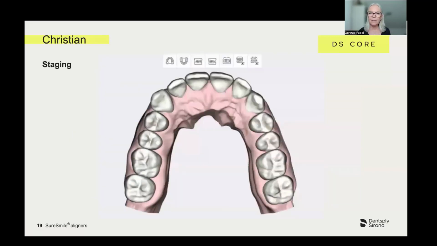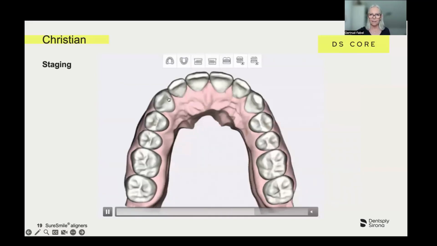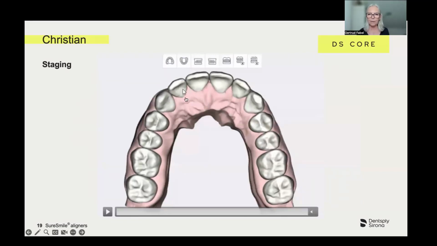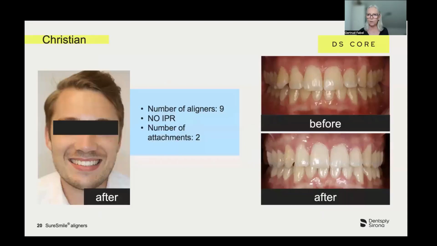Well, this is the staging, and you can see that torquing the tooth back seems to be pretty much everything we had to do. And it took us 9 aligners. We had no IPR to do. We fixed 2 attachments.